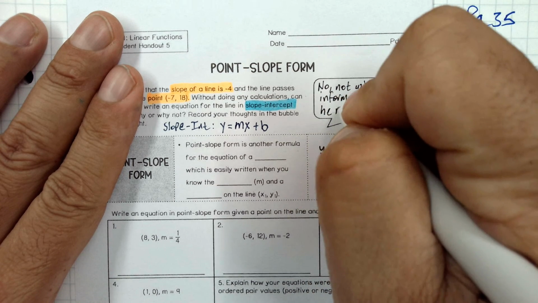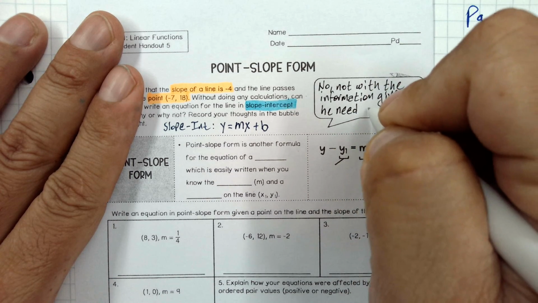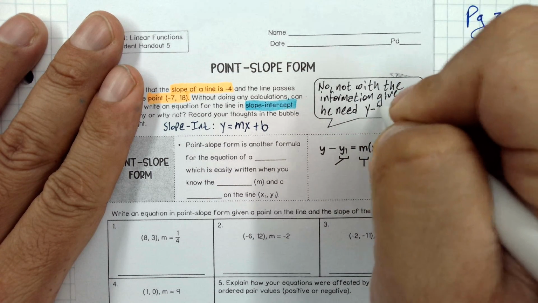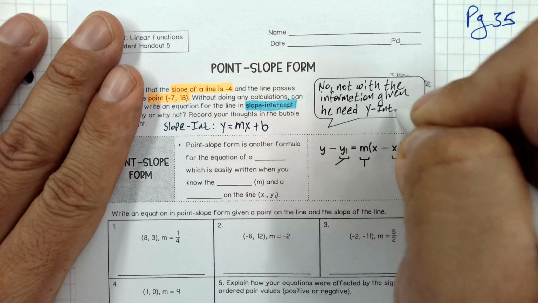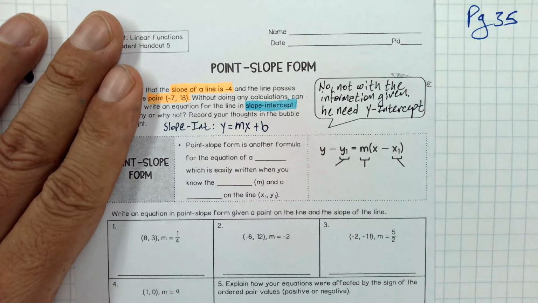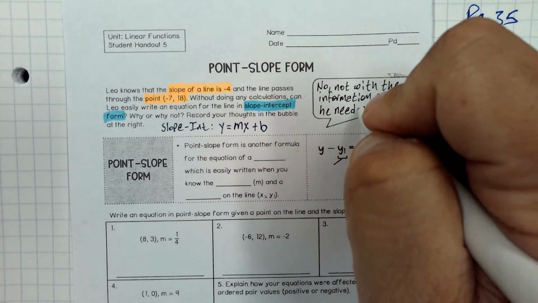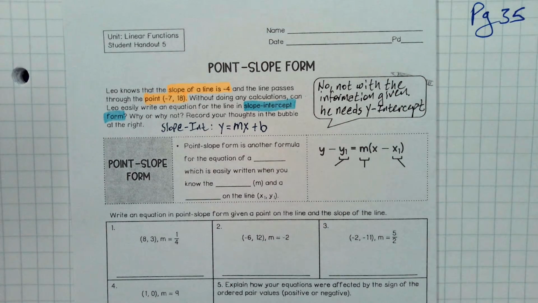What is it that he needs that he doesn't have? He needs a y-intercept. And he doesn't have it at this point.